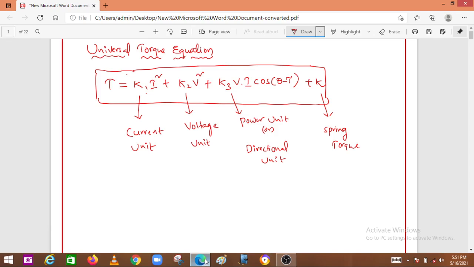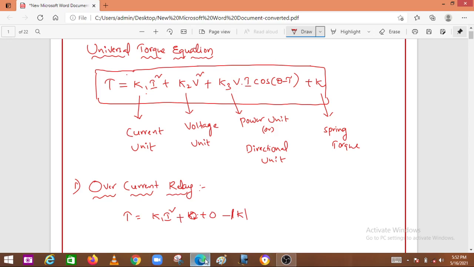So first, the overcurrent relay. From this torque equation, the overcurrent relay can be written as T = K1 I² plus K2 term which is 0, and the K3 term is also 0, and the restraining torque which acts in the opposite direction to the operating torque, so I am taking it with a minus sign.